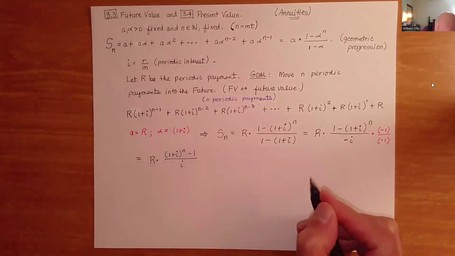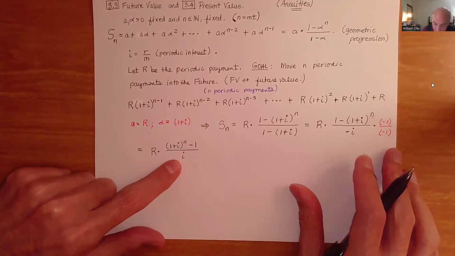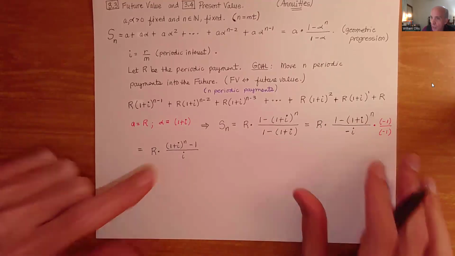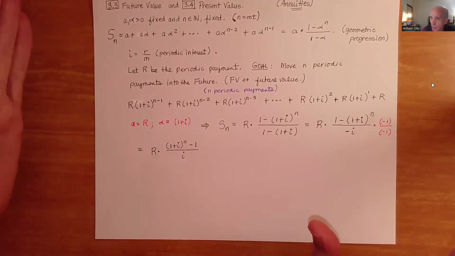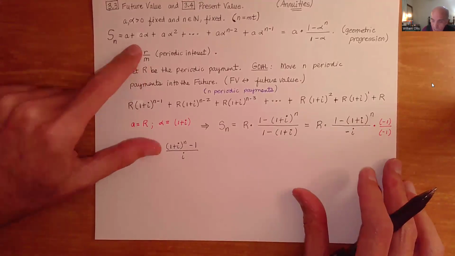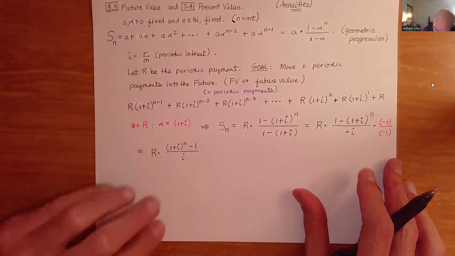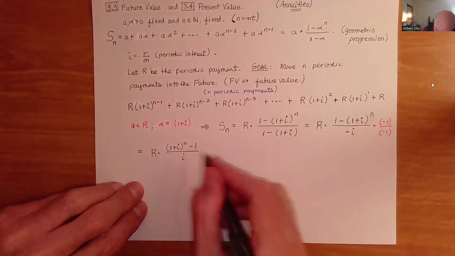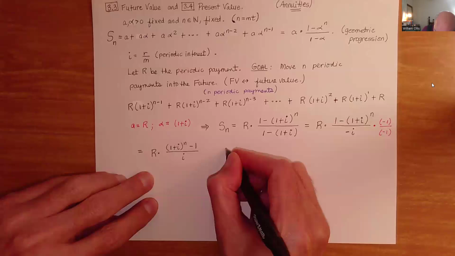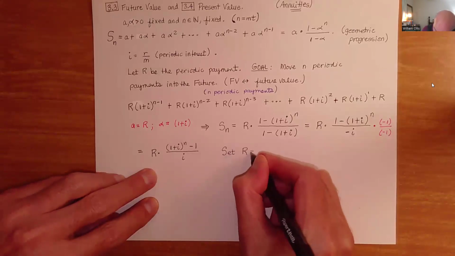Now, everything about this formula is fine in terms of the periodic interest. We are accustomed to that, and that's a notation we use. We know by definition the periodic interest is just the annual interest rate divided by the number of compoundings per year. So now we just make a little change here. We're going to set R to be the periodic payment.